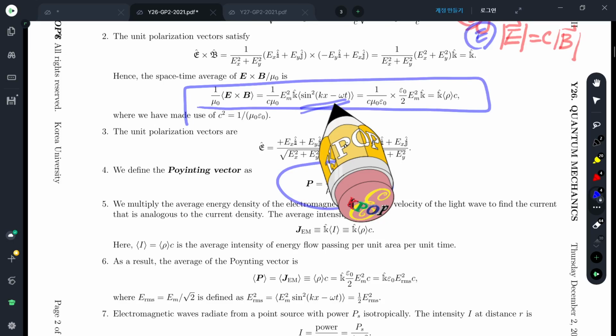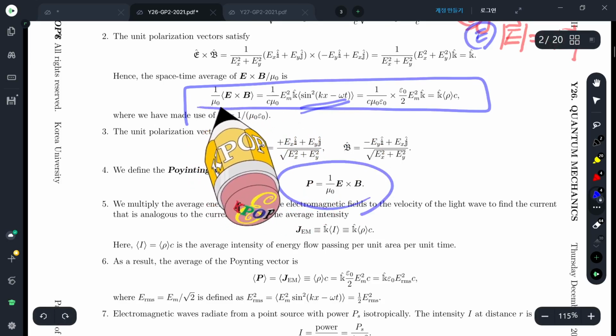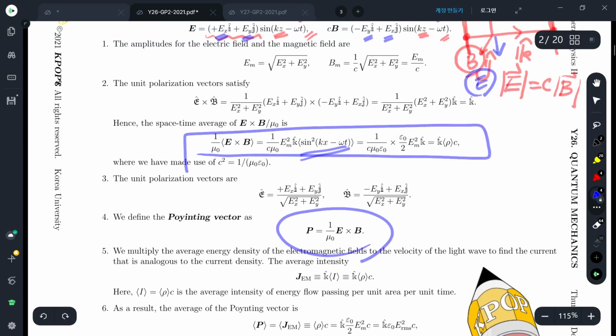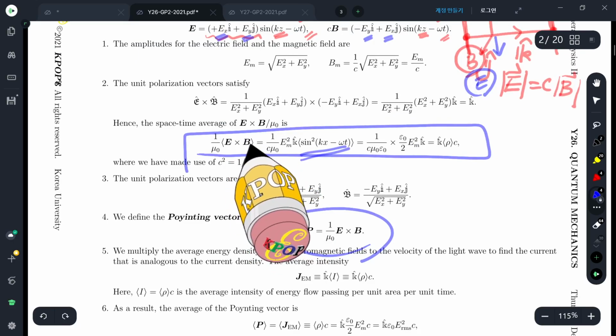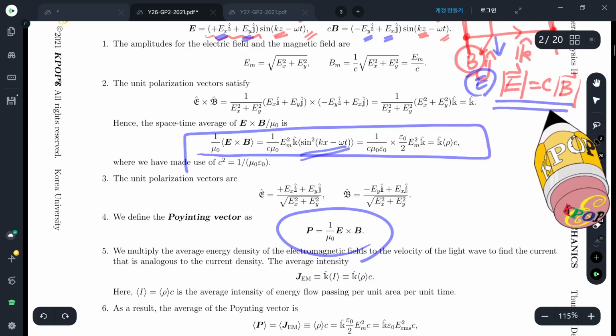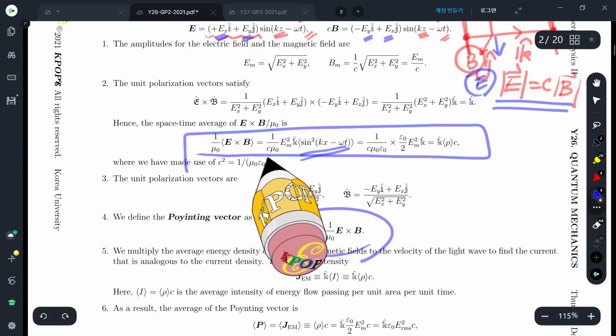The 1/2 is the square average of the sine squared, and here, by definition, the denominator is mu zero, and a factor of c appears before because, in order to make use of the identity, we multiply the c to the magnetic field and divide c outside.